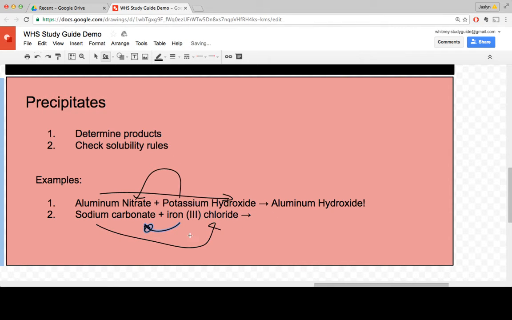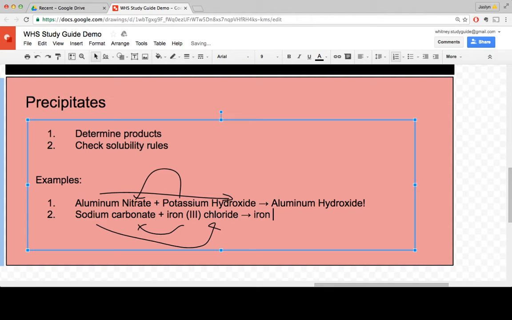Okay, that's a bad arrow. We'll try again. Okay, that wasn't much better. But anyways, iron carbonate. Let's see. Iron isn't listed anywhere in what is soluble, so then we go to what is insoluble. Carbonate is insoluble, so the precipitate will be iron carbonate.